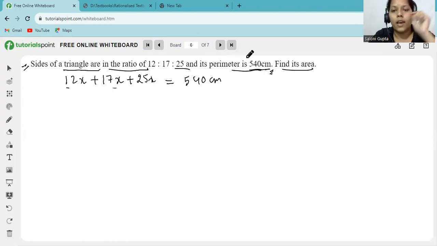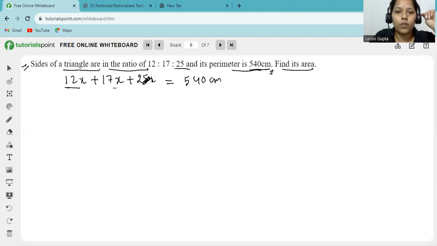So they are in the ratio. And how do we get the ratio? By dividing the numbers by a common factor. Whenever we are removing the ratio, we multiply it back. So here that common factor is x. Now if you multiply it, you will get each side: 12x, 17x and 25x.